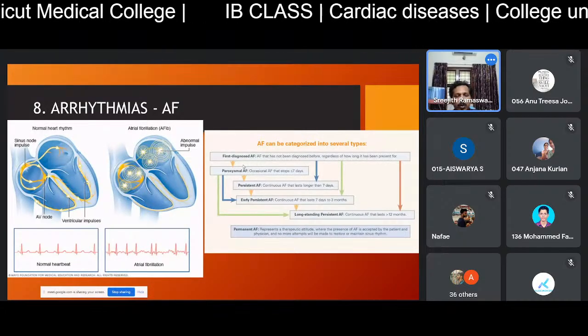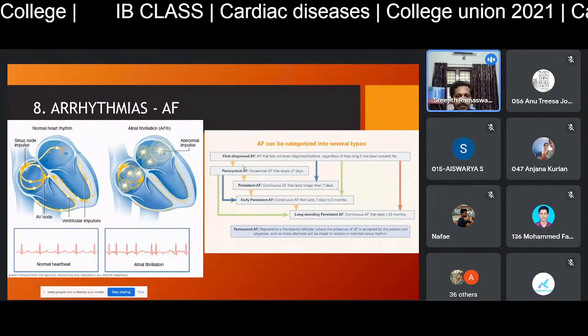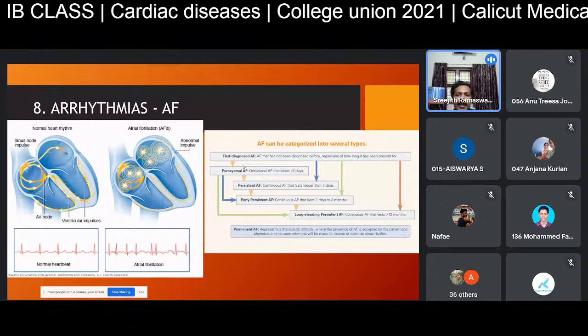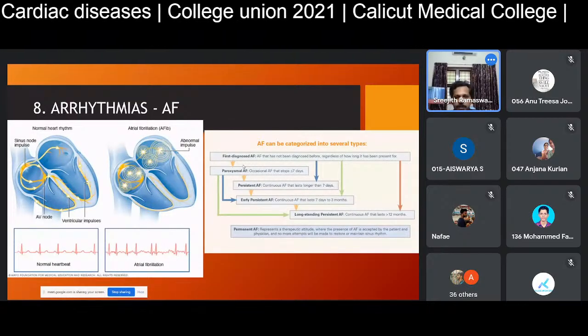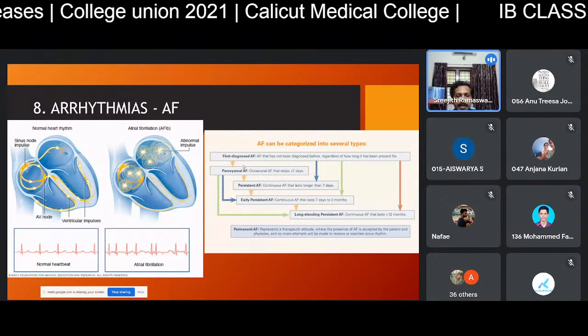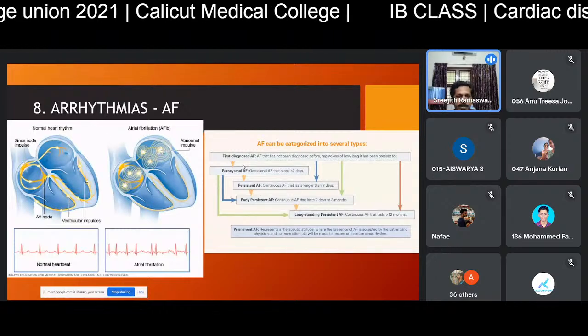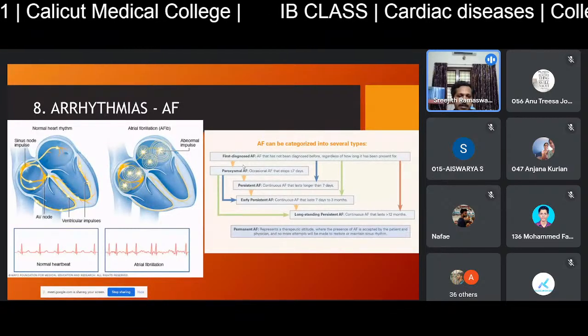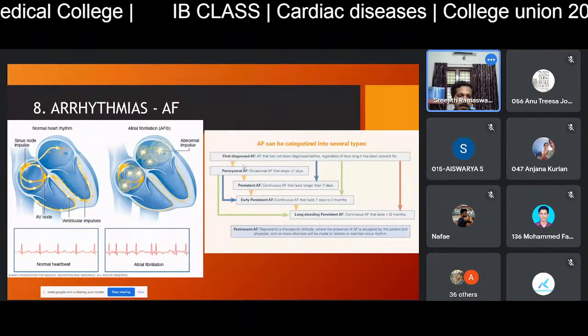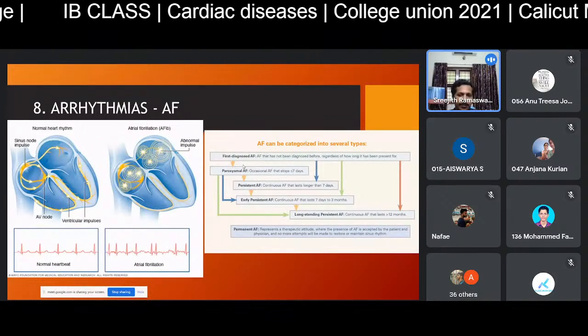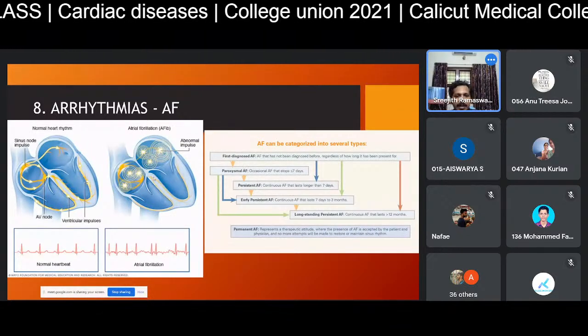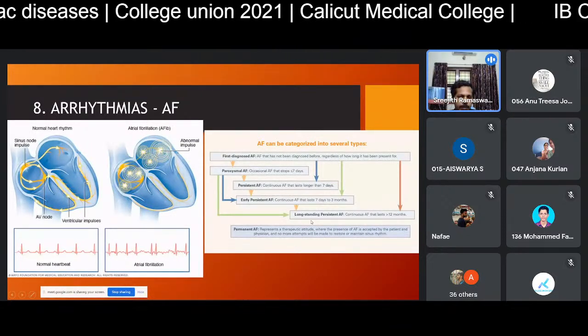Then next is persistent AF. Persistent AF means the AF lasts for more than 1 week. So paroxysmal AF means AF spontaneously disappears within 1 week, while persistent AF means AF persists for more than 1 week. It can be classified further as early persistent and long-standing persistent.